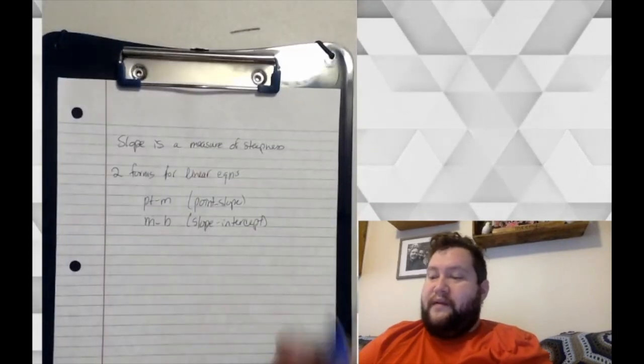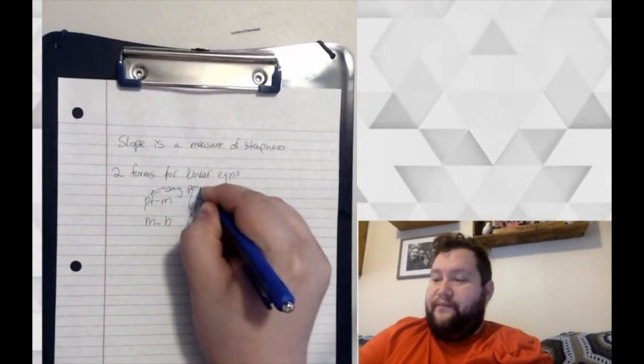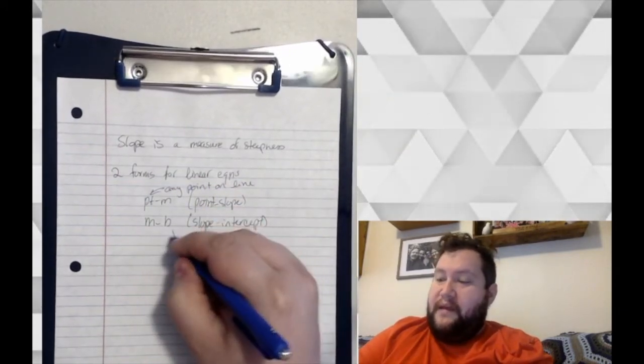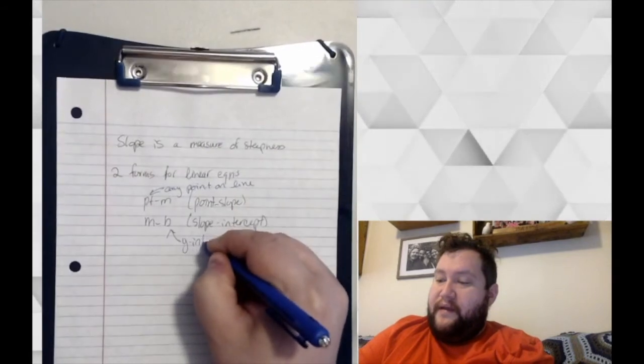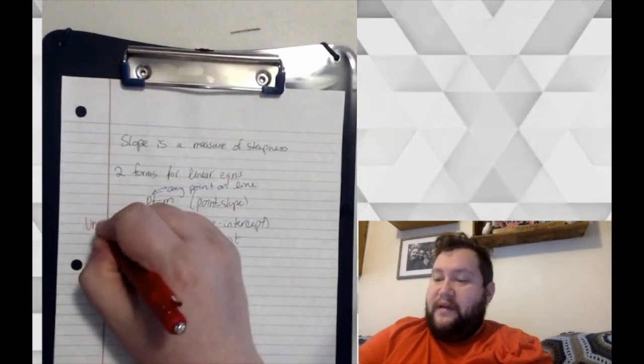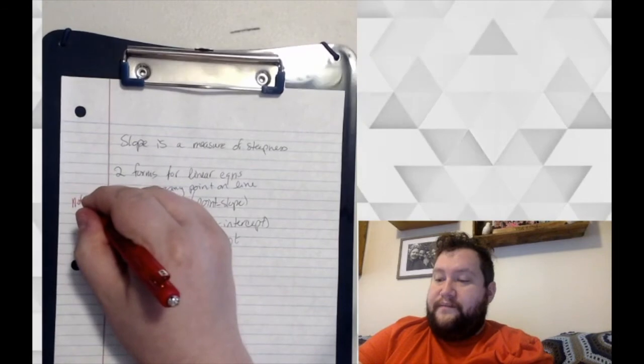And the point can be any point on the line, and b is always our y-intercept. Slope intercept form is unique, and point slope is not.